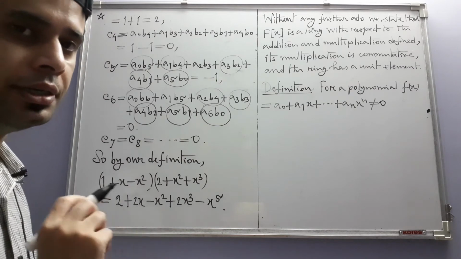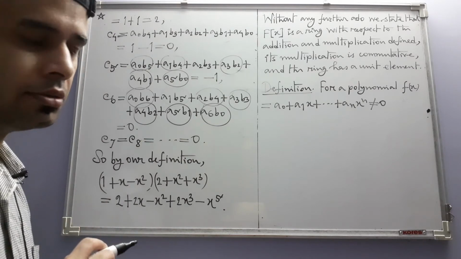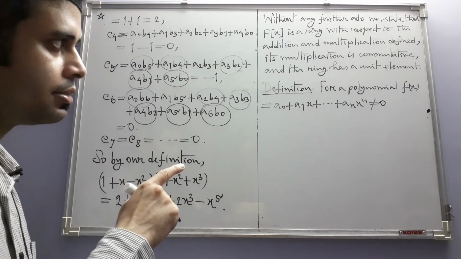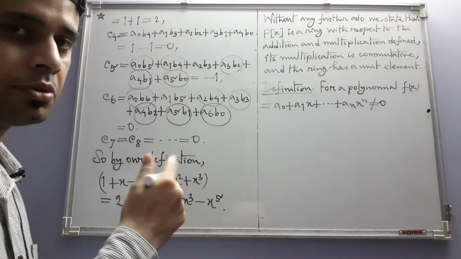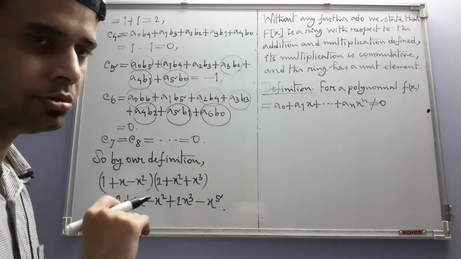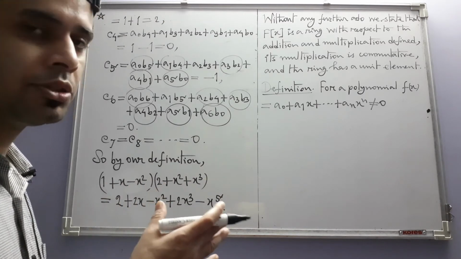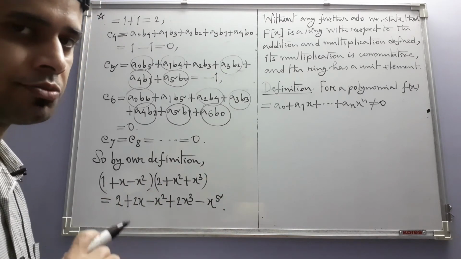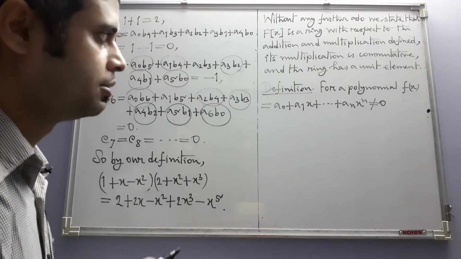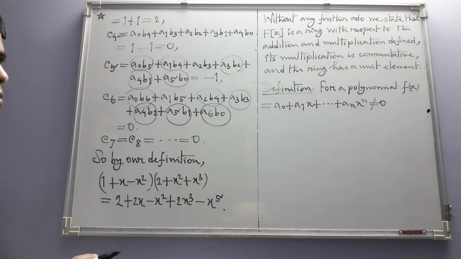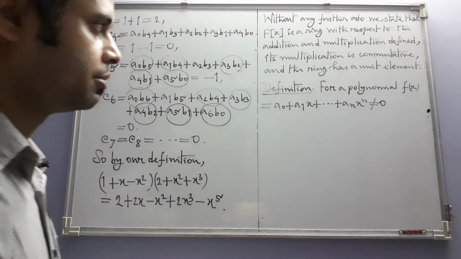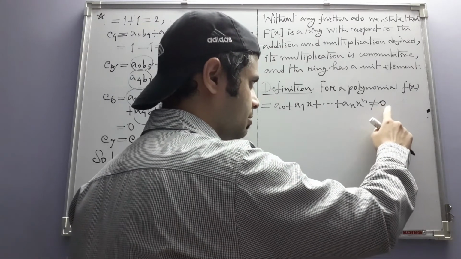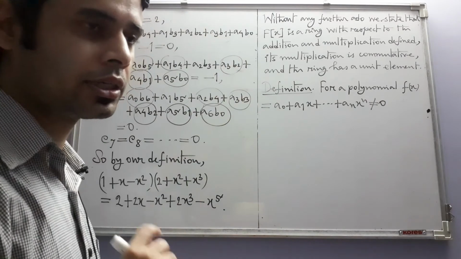You need distributive laws to be true. Since the multiplication has been proved commutative, once you do that, only one distributive law is enough. The other follows from that and commutativity. So you prove that. So that proves that F[x] is a commutative ring with unit element. So it's this zero polynomial that we are talking about here.